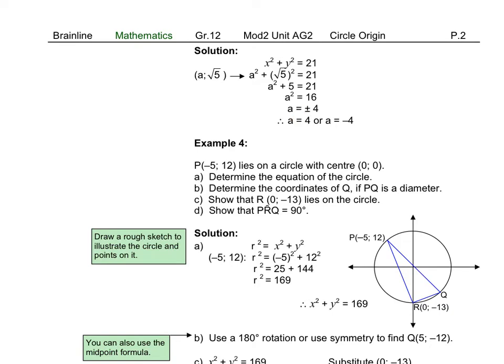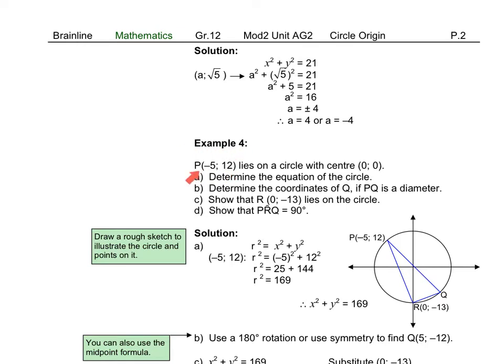So in this case, a could be equal to positive 4, because 4 times 4 is 16, or a could be equal to minus 4, because a minus times a minus is also a plus, 4 times 4, 16. Let's now look at the last example of this lesson, example 4.